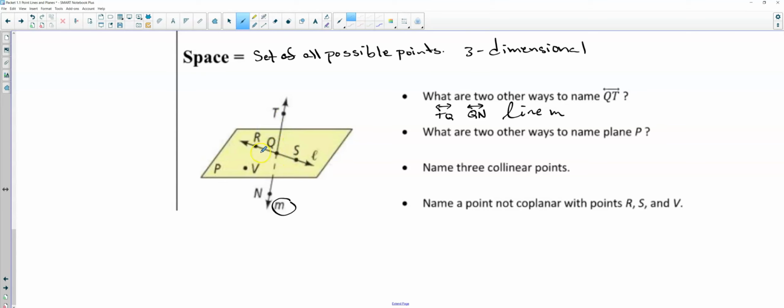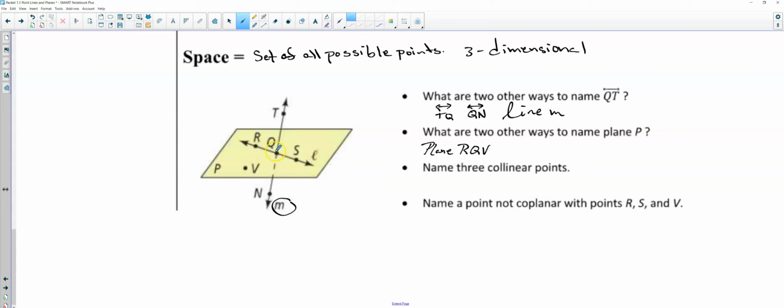We cannot name this plane with point T because point T is not on that plane, or point N. It has to be points that are right on the plane. So for example, plane P can be named plane RQV. That's one way to name it.